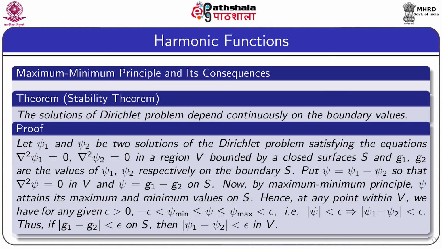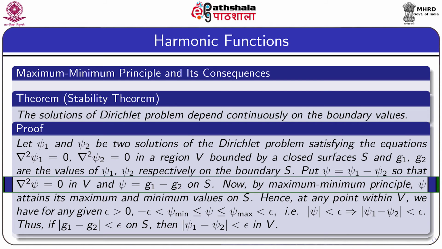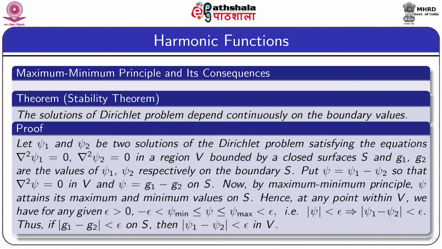Now, we construct a function psi which is equal to psi 1 minus psi 2. The equation satisfied by the function psi is grad square psi equals 0 in the region V, and psi equals G1 minus G2 on the boundary S of the region V. Now, by the maximum minimum principle, psi attains its maximum and minimum values on S, the boundary.